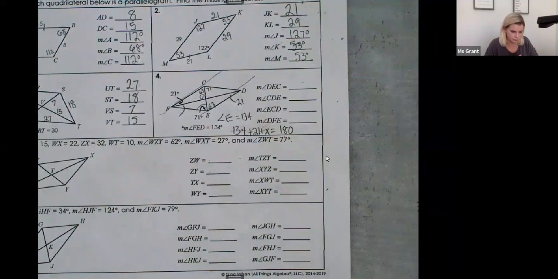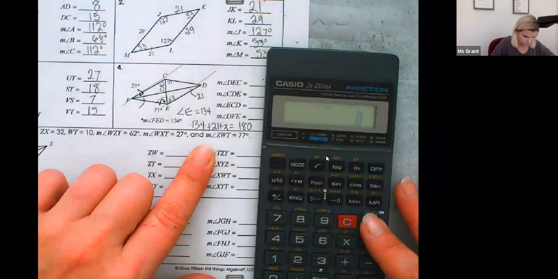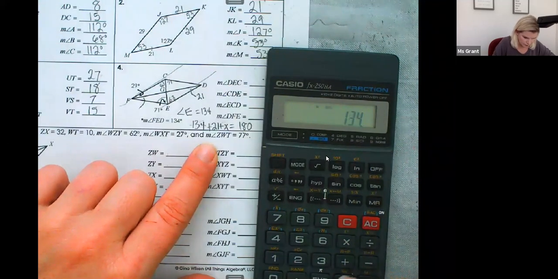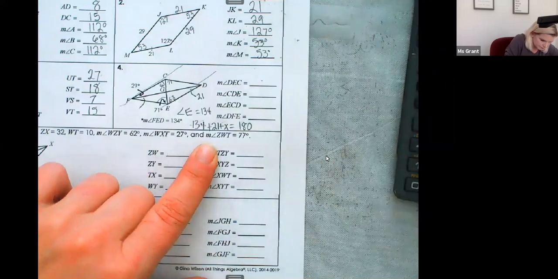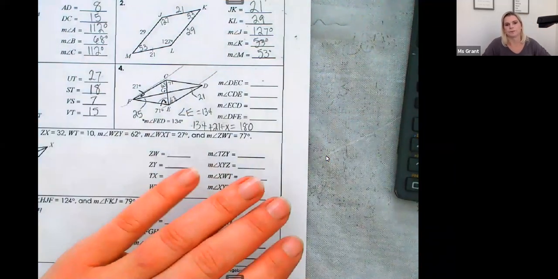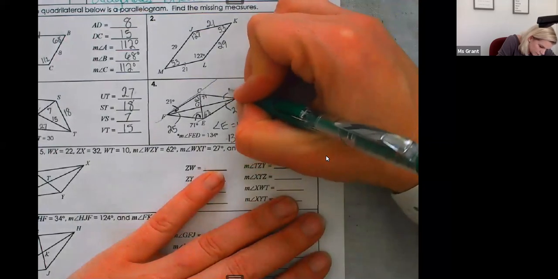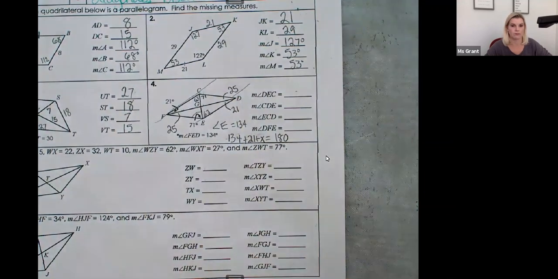So I've got 180 minus 134 minus 21, 25 is down here. Which means 25 is right here. Now you can fill in all of the answers for number 4.